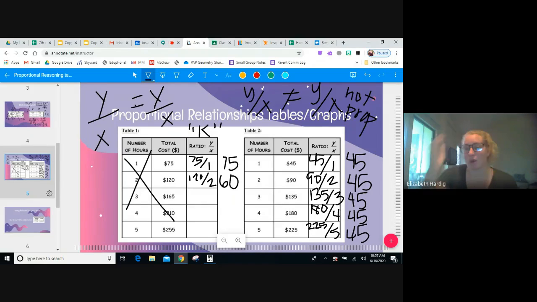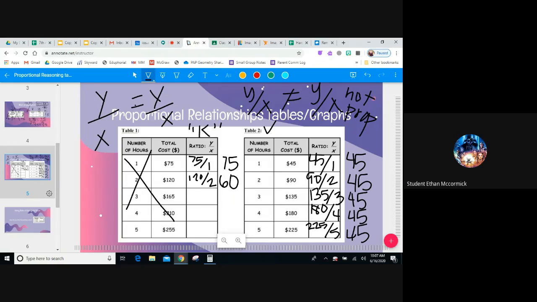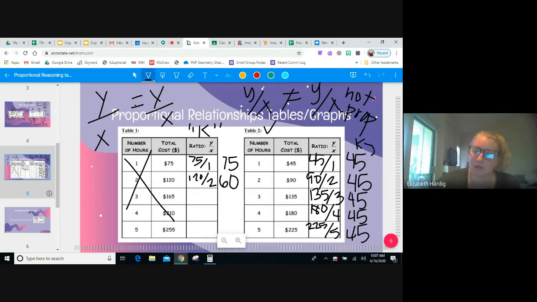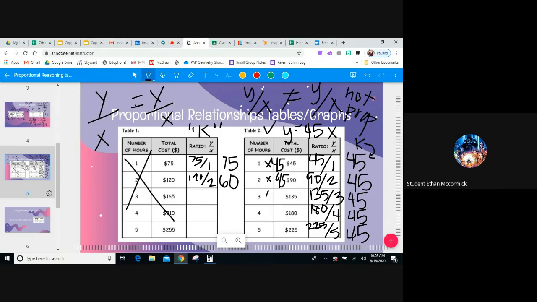Because all of those ratios were equivalent, this is proportional. And my k is going to be 45. So I can make an equation that y is equal to 45 times x. Does that show the relationship we see when we multiply by 45 each time? Yes.